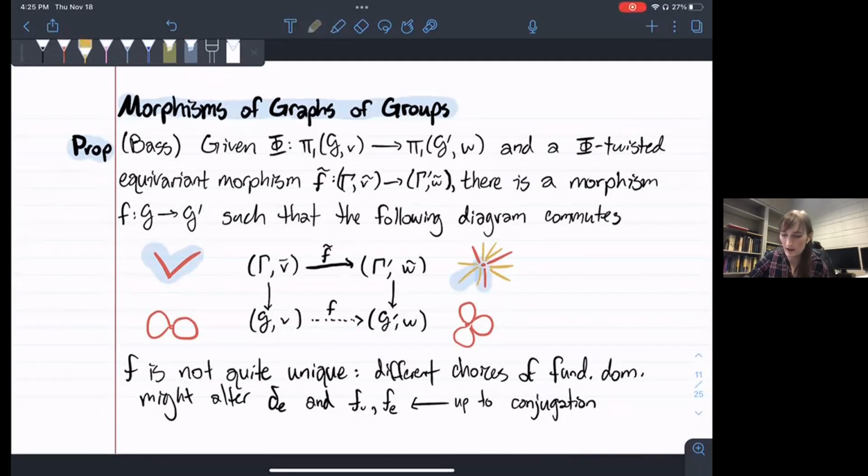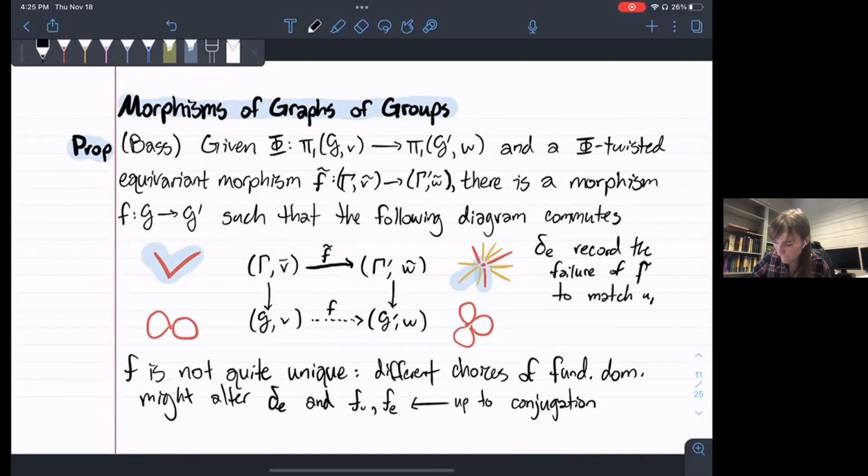So the elements delta sub E, they sort of record the failure of F tilde to match up fundamental domains. But the point is, these choices of fundamental domains in the Bass-Serre tree, they're not really unique, even if you choose a vertex to include.